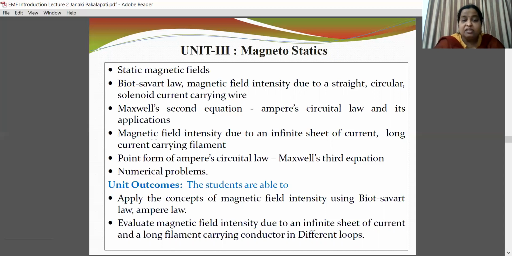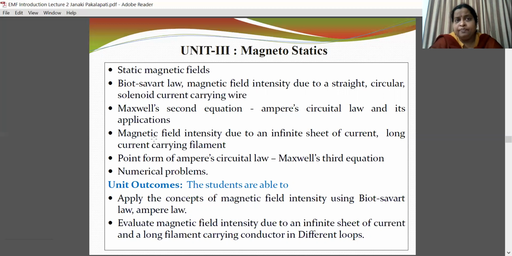Magnetic field intensity due to an infinite sheet of current is another parameter we'll be calculating, and then a long current carrying filament too. The point form of Ampere's circuital law, Maxwell's third equation, and we will discuss some numerical problems in this particular chapter.